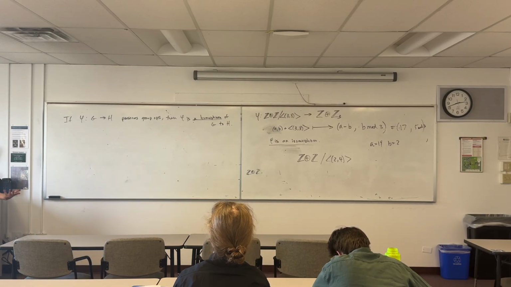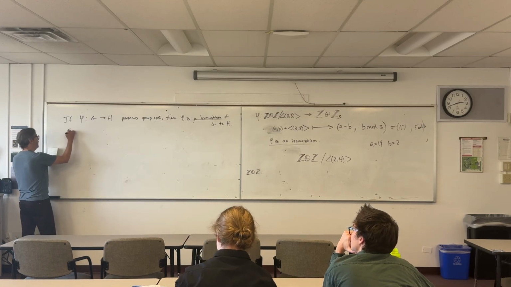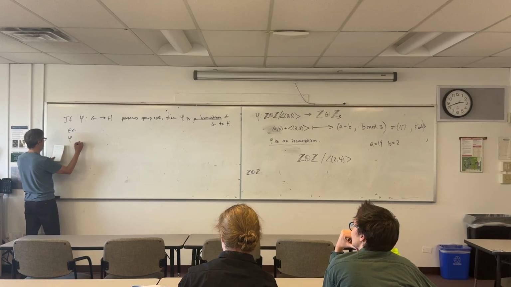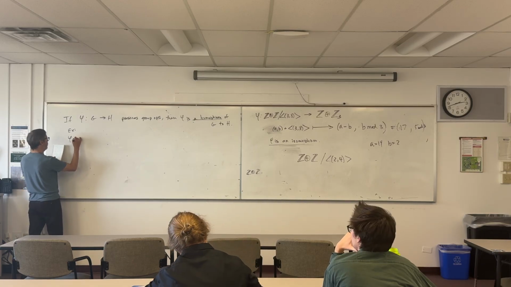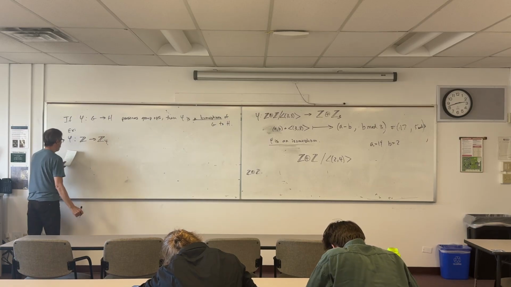So let's look at some examples. Probably the best place to start. So for example, example 1, I've got phi that goes from Z to Z4.